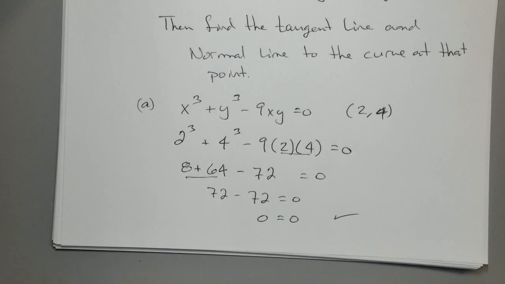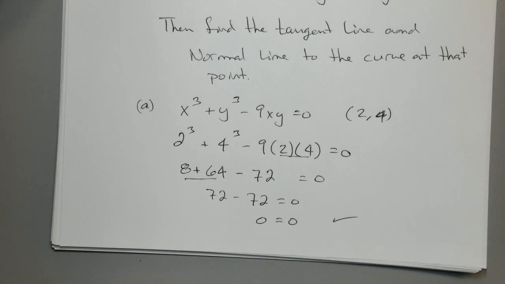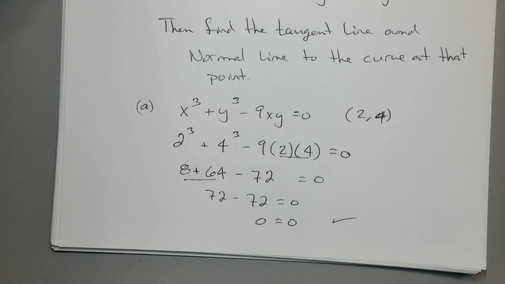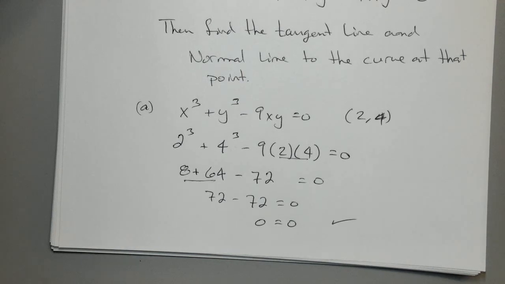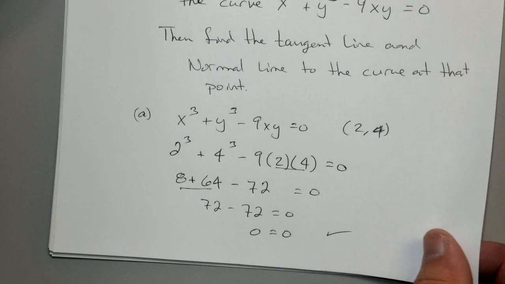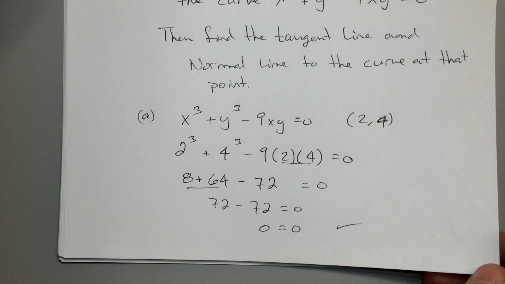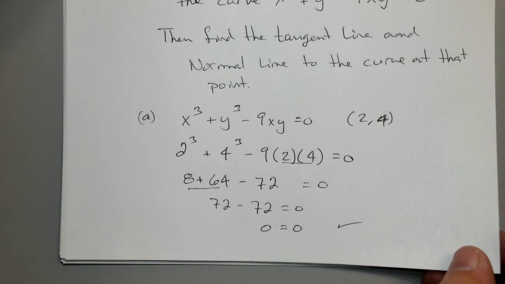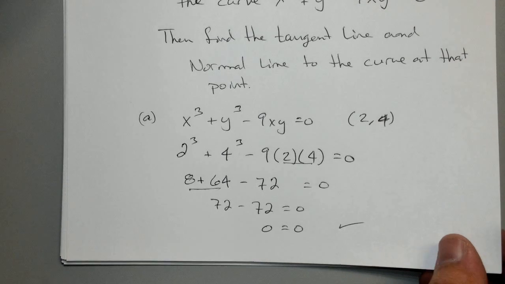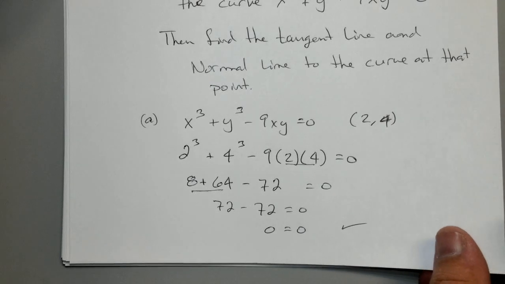What does that tell us? It's a point on the graph. So we can go ahead and find what we need to. We got this? Yeah, so 0 equals 0.